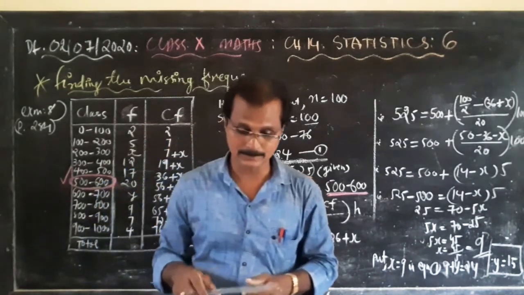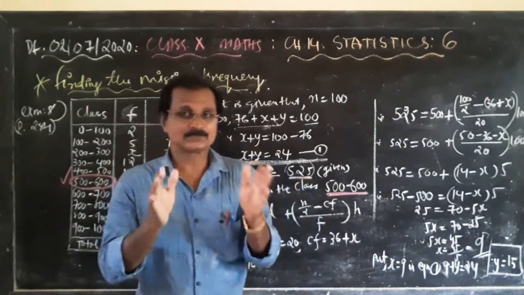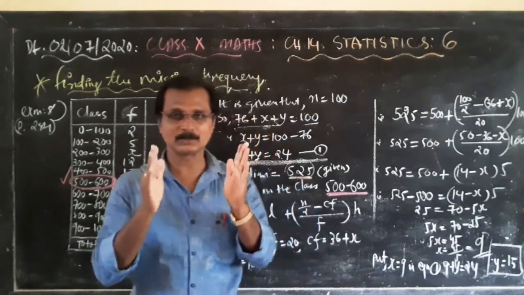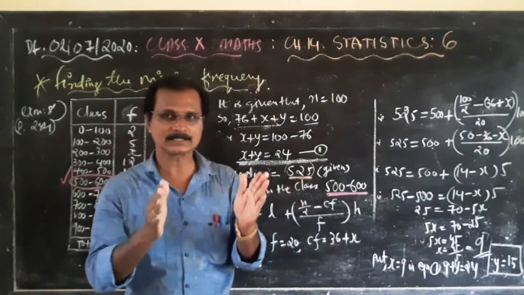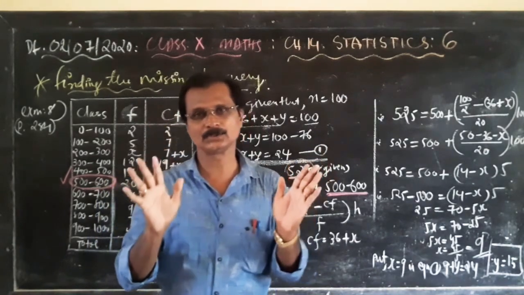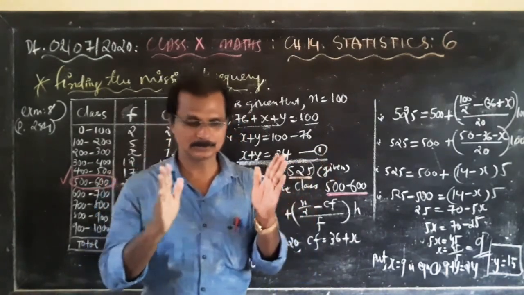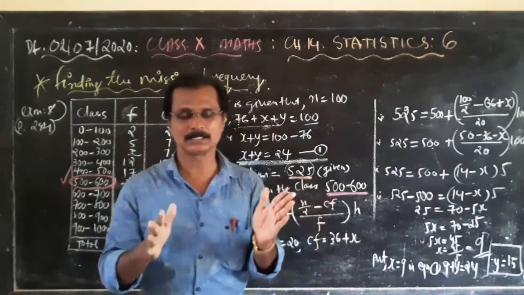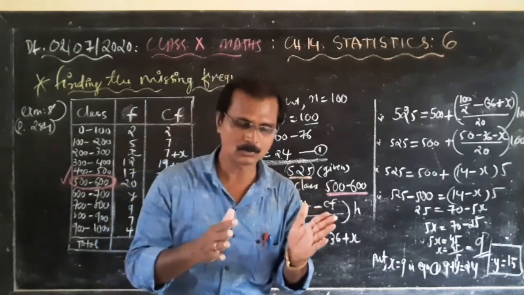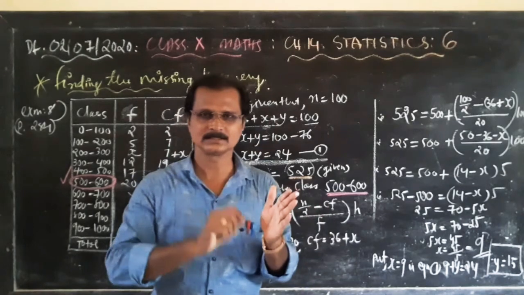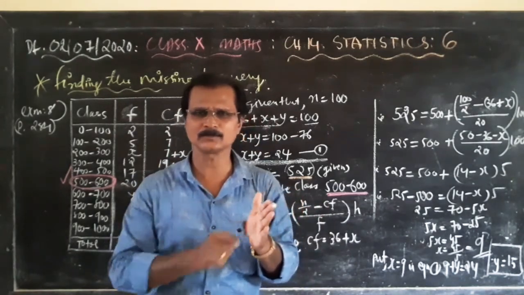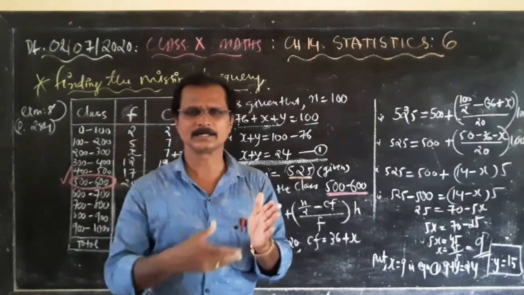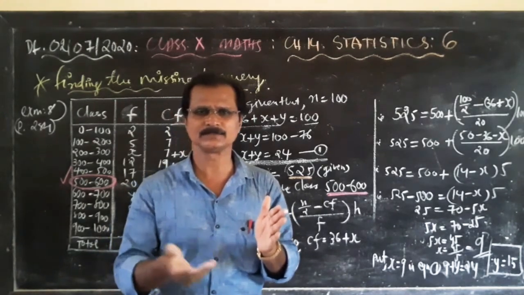Again I am repeating the same thing for this particular chapter. The formula is very important. Without the correct formula we cannot do anything. So the main thing is to memorize, do hard work and write as much as you can, 10, 25, 30, 50 times.